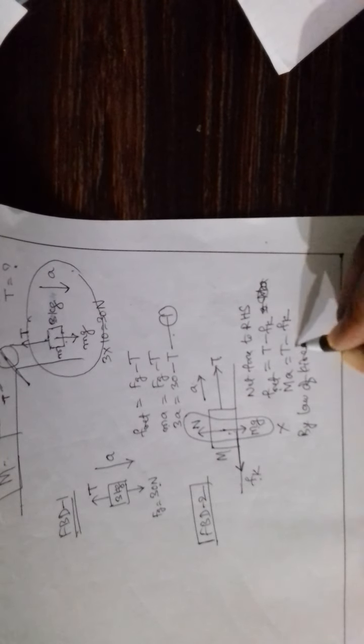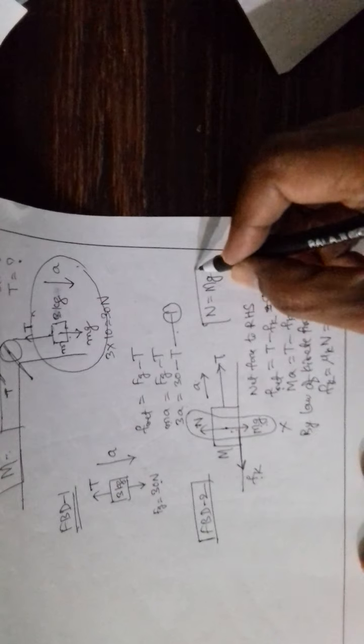But by the law of kinetic friction, Fk is equal to mu k N, and here N is equal to Mg.